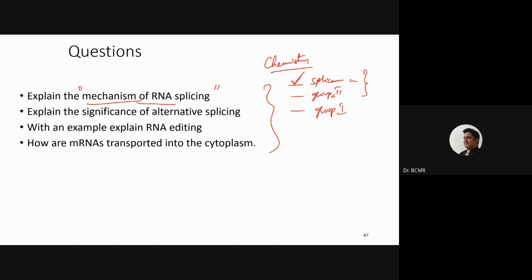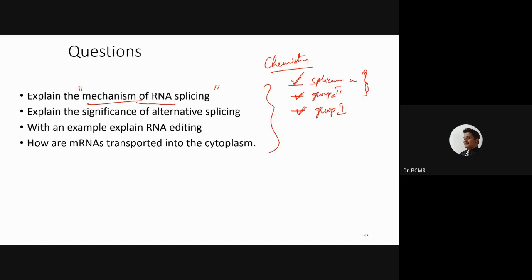Spliceosome is a complex with about 150 or so ribonucleoproteins involved, and this happens in the nucleus. Group 2 self-splicing does not need accessory components. They can splice. The reaction is almost the same as that of spliceosome-mediated splicing, but they do not have extra components. And then there is group 1.